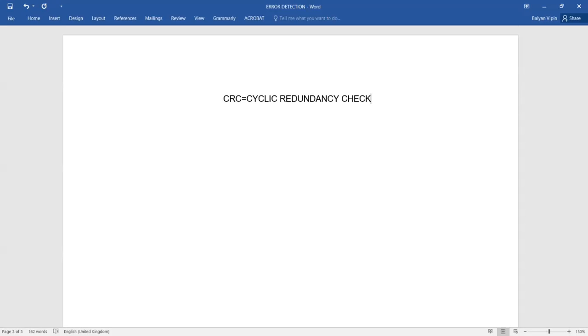Suppose I have original data like this, and let me use the table now. It's 1 1, that's seven 1s, so 7 bits of the original data that I want to send.